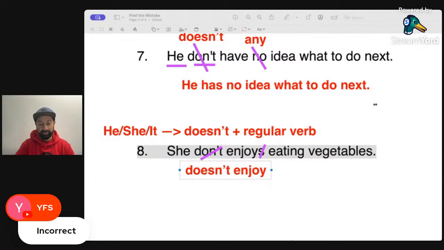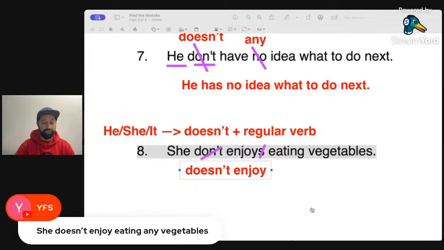She doesn't enjoy eating any vegetables. Oh, also you added the word any. That is also great, YFS. Perfect.